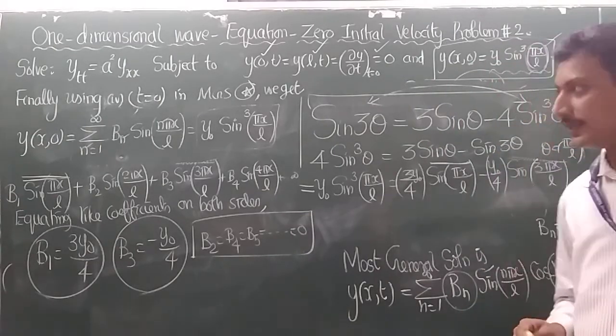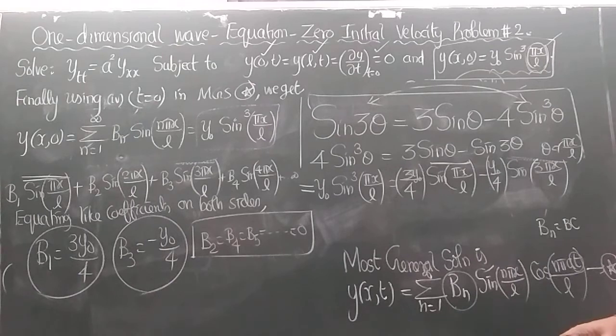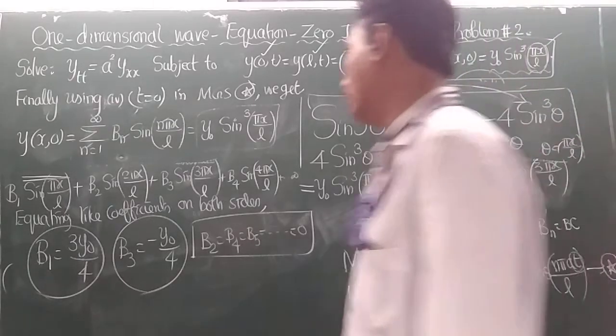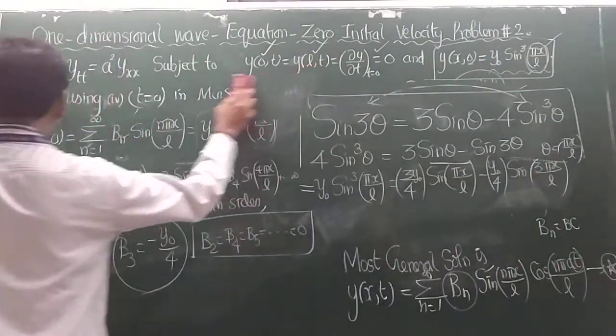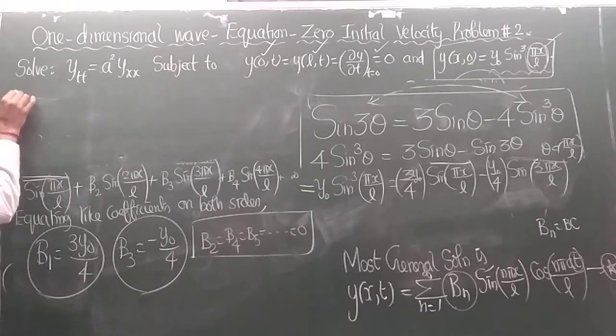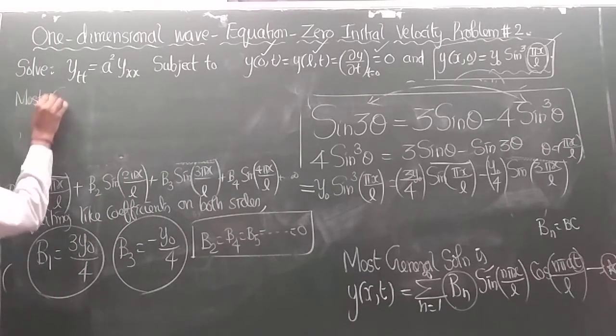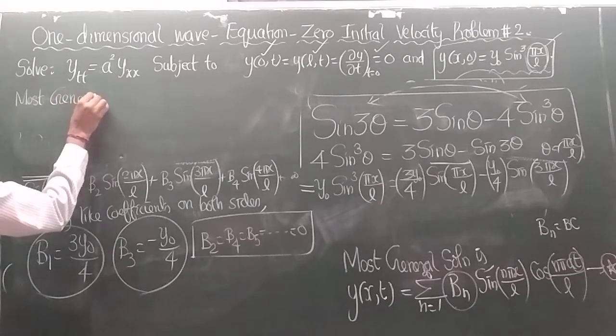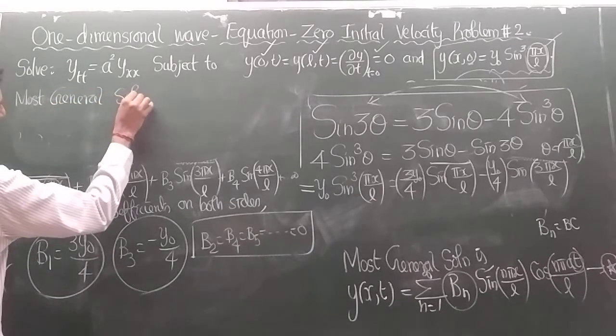It's clear. Now, can we rewrite the most general solution for n equal to 1 and n equal to 3? What will we get? So let us rewrite for n equal to 1 and n equal to 3, because for n equal to 2, 4, 5, everything is 0.